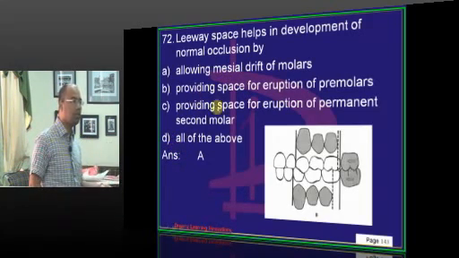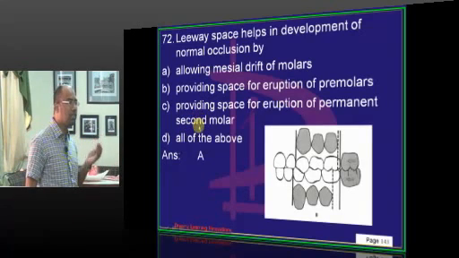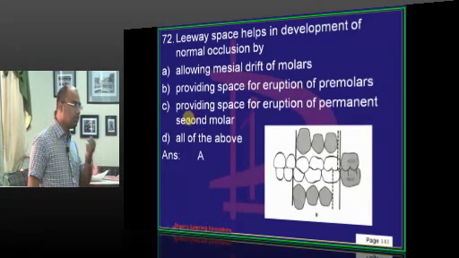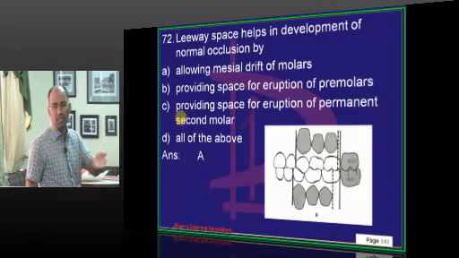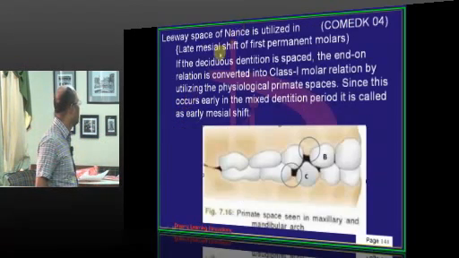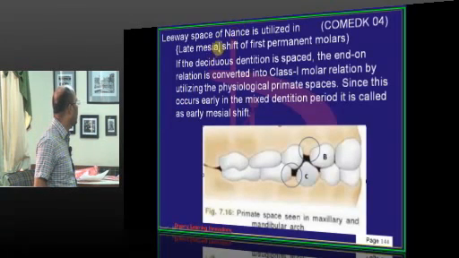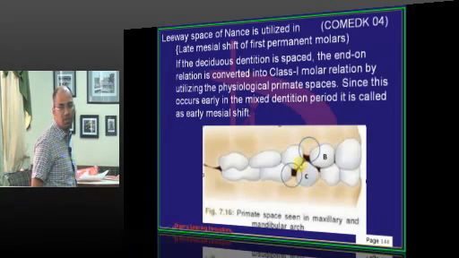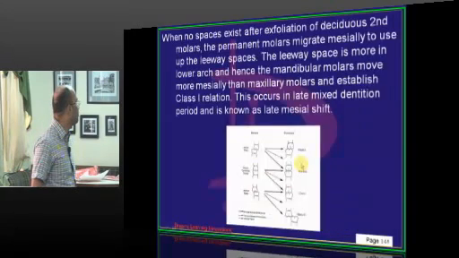Instead, in the place of the primary tooth, your premolars are erupting. Because the premolars are less in mesiodistal width, that space is utilized as leeway space. Leeway space was described by Nance and it accounts for the late mesial shift. This is primate spaces, which account for your early mesial shift.